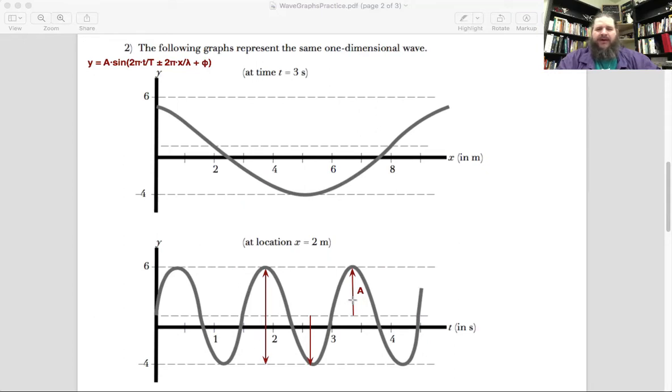So the amplitude would have to be 10 divided by 2, so it's 5. We take that difference, 10 divided by 2, to get the amplitude, because the difference from crest to trough should be twice the amplitude. So we can see that the amplitude here has to be 5.